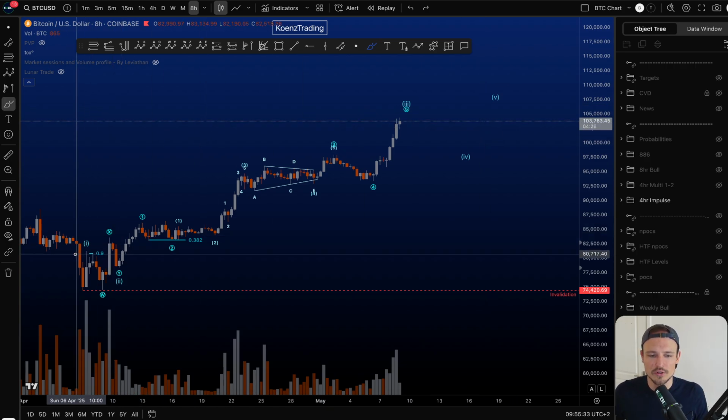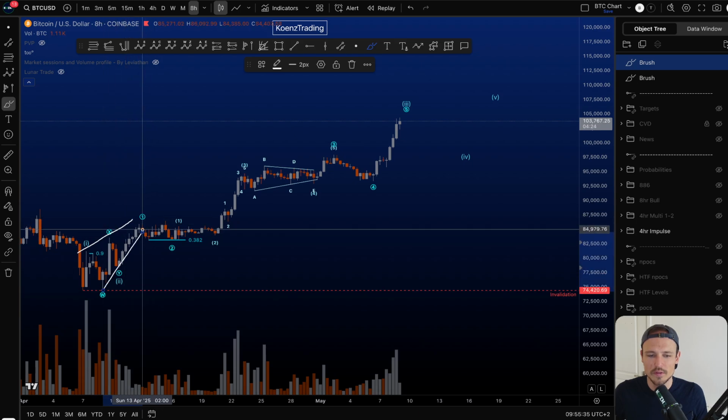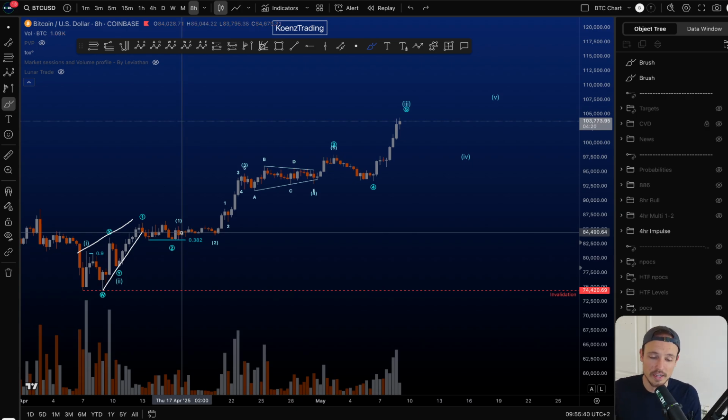Another reason to not consider a diagonal over here is this range. After a diagonal, also again as per the theory, it is by far most common to see a deep retracement. Generally, a retracement after a diagonal moves back towards the origin.